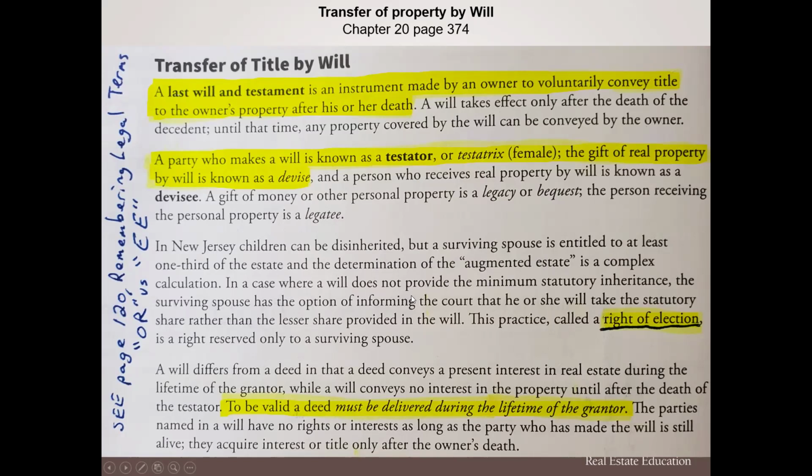In a case where a will does not provide the minimum statutory inheritance, the surviving spouse has the option of informing the court that they're going to take the statutory share rather than any lesser share left to them by their spouse. This practice is known as the right of election, and it is reserved only to a surviving spouse.